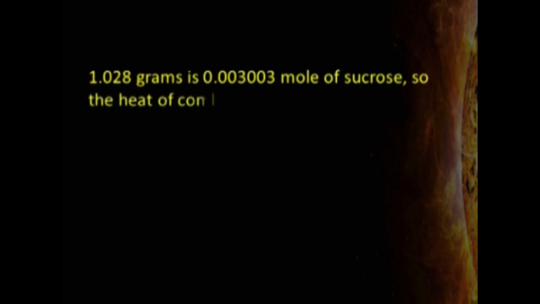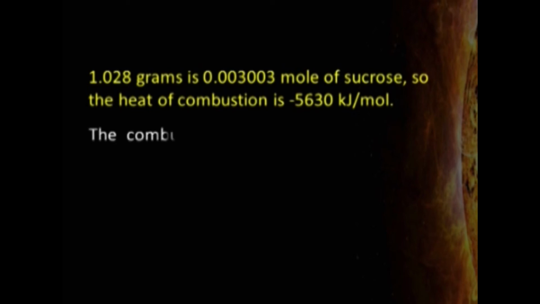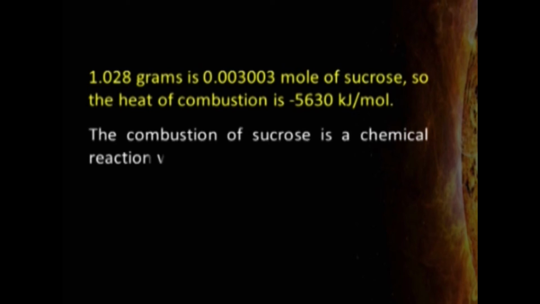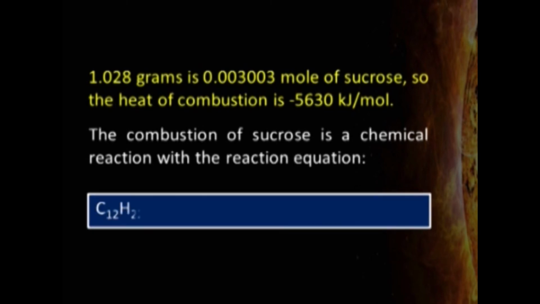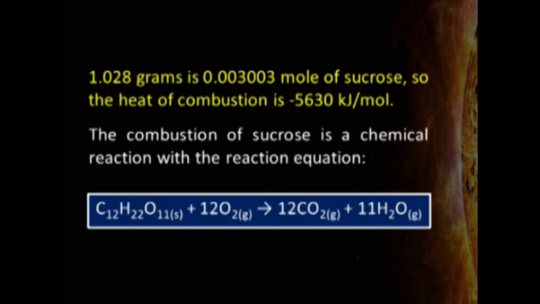As 1.028 grams is 0.003003 moles of sucrose, the heat of combustion is minus 5630 kilojoules per mole. The combustion of sucrose is a chemical reaction with the reaction equation C12H22O11 plus 12O2 giving you 12CO2 plus 11H2O.